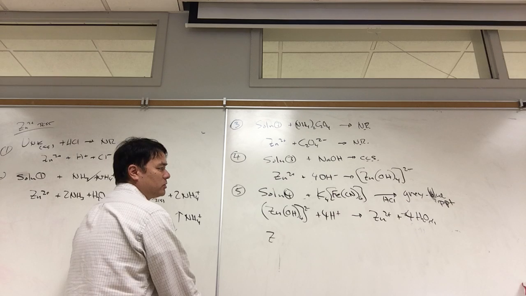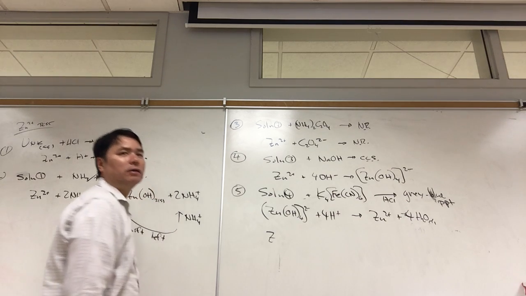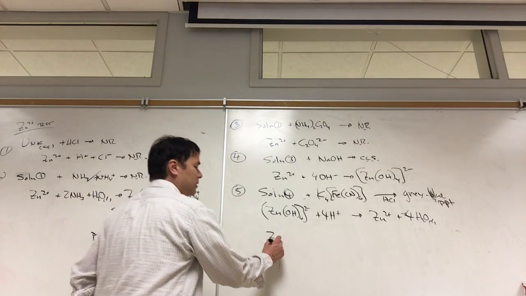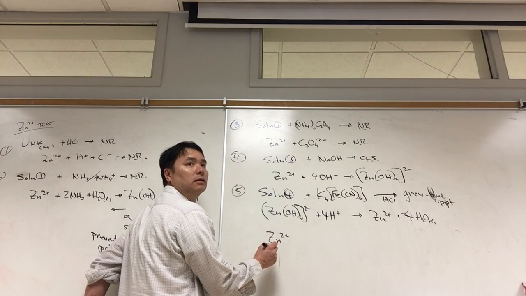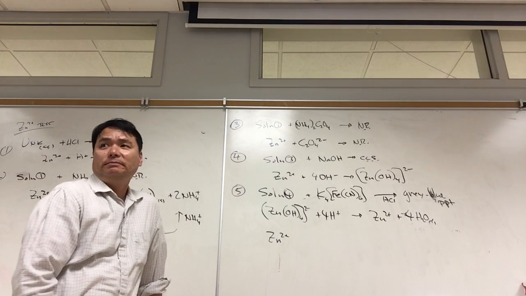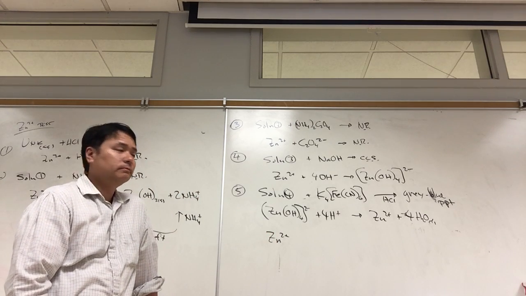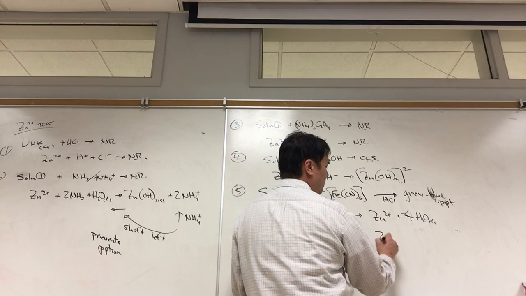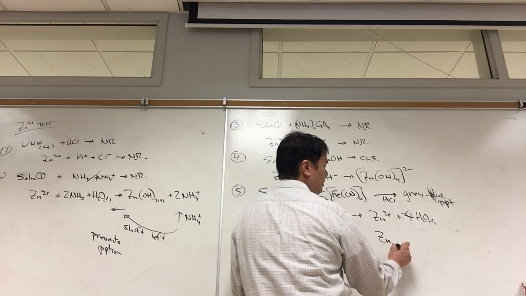This is kind of a strange metathesis reaction. You can see why I call these metathesis rather than double replacement, because this reaction doesn't fit the double replacement form. Because in this reaction, how many zinc ions need to come together? How many zinc ions? Well, what's the product?